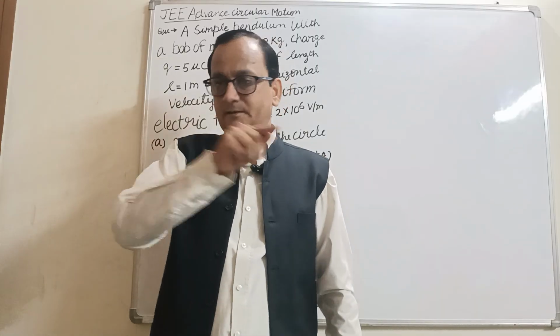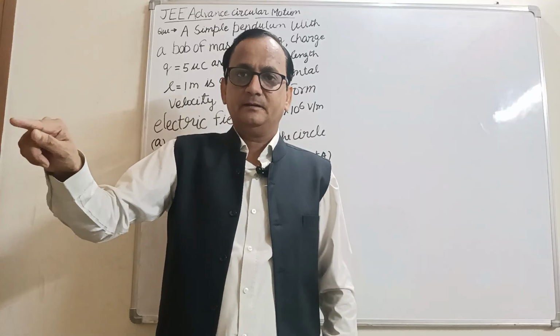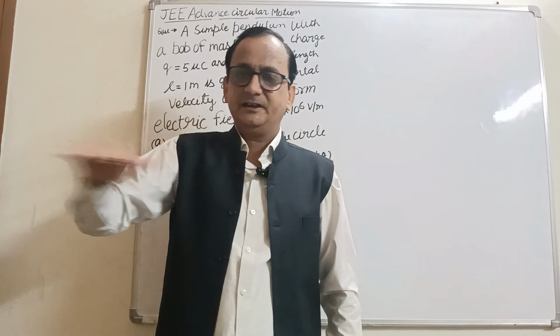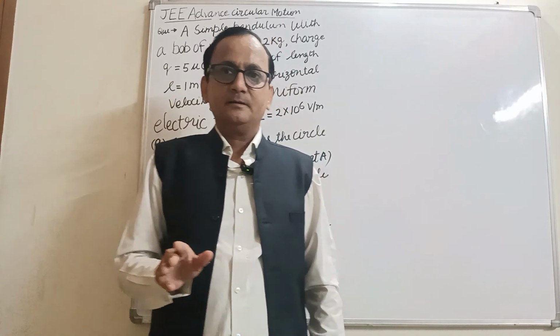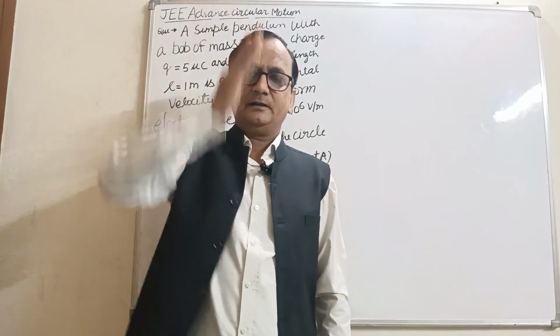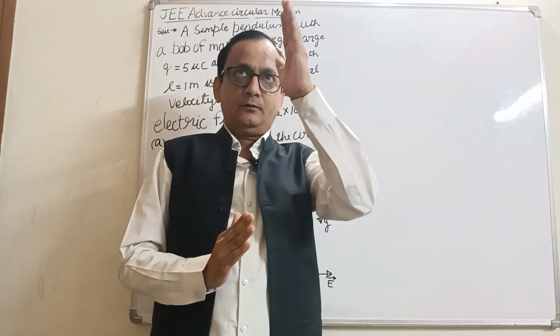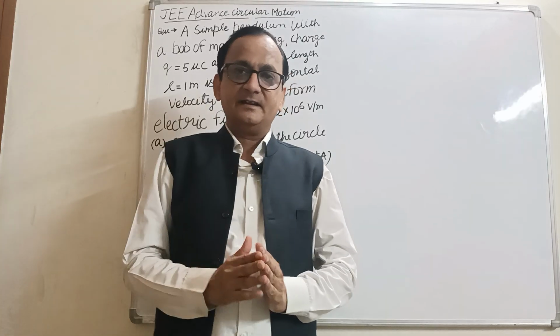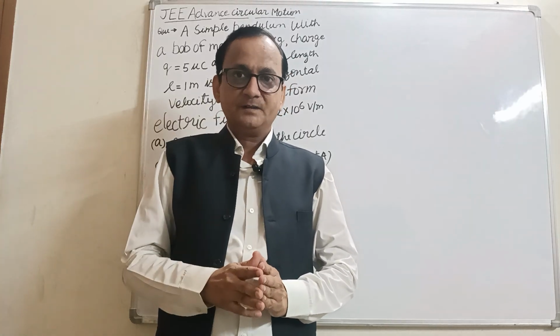When the bob is horizontal, at 90 degrees from its initial position, the tension is 3 mg, and at the top of the circle, the tension becomes 0.